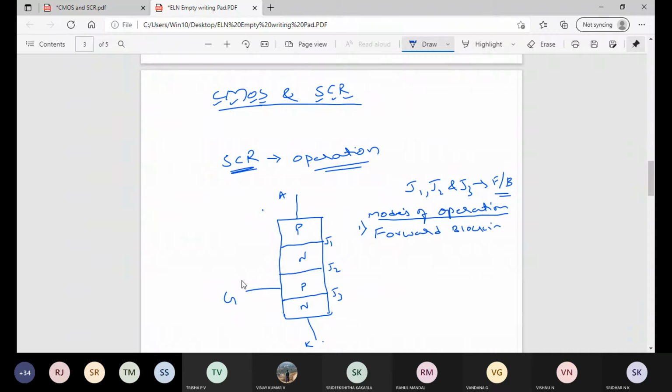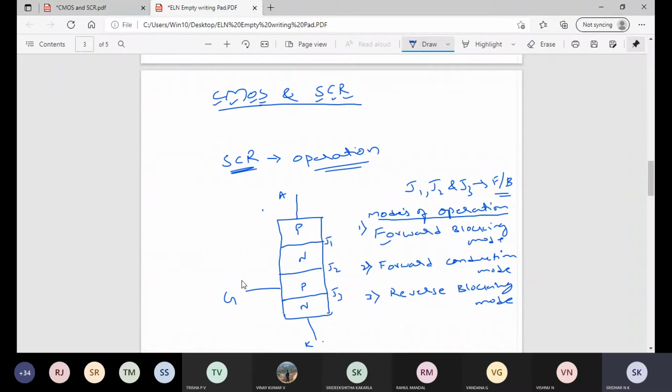Next one is forward conduction mode, and the third one is reverse blocking mode. These are the three modes of operation that we need to explain.